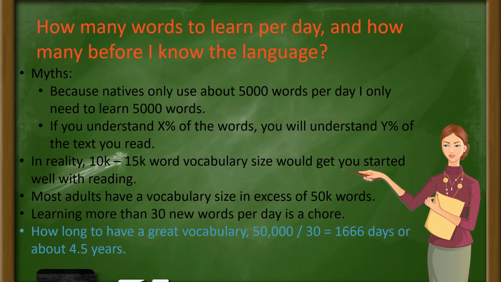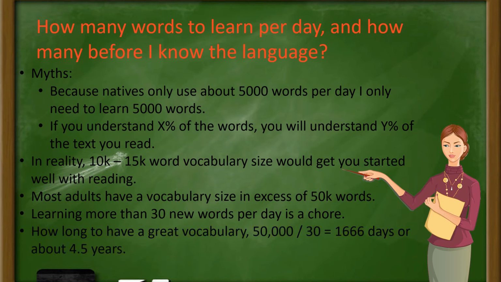So while most native speakers have a vocabulary size of about 50,000, and their active vocabulary is a lot less, generally about 5,000 constitute the active vocabulary of most native speakers without a higher education, and 10,000 words constitute the active vocabulary of a native speaker with a higher education.